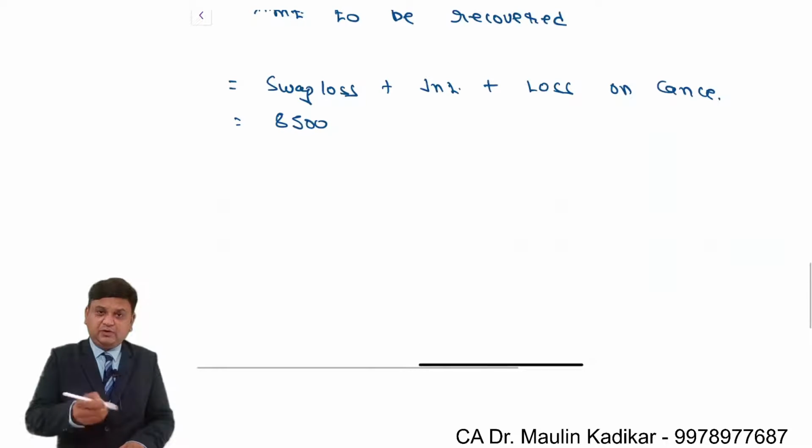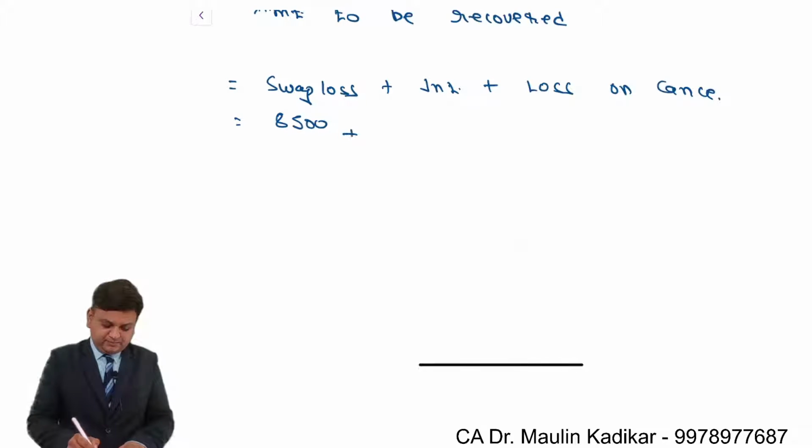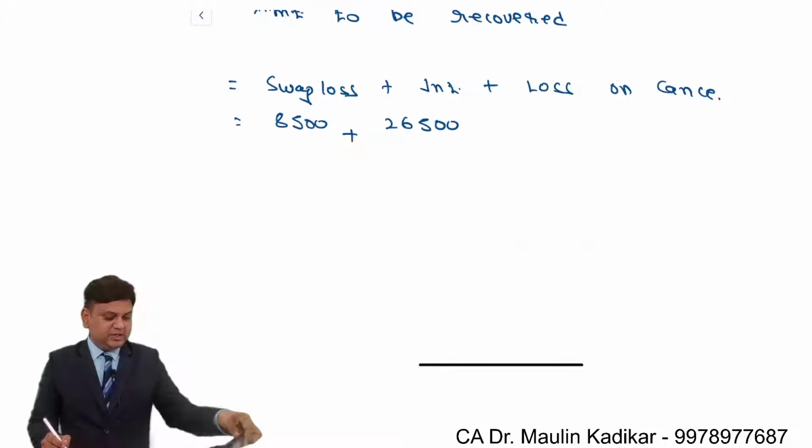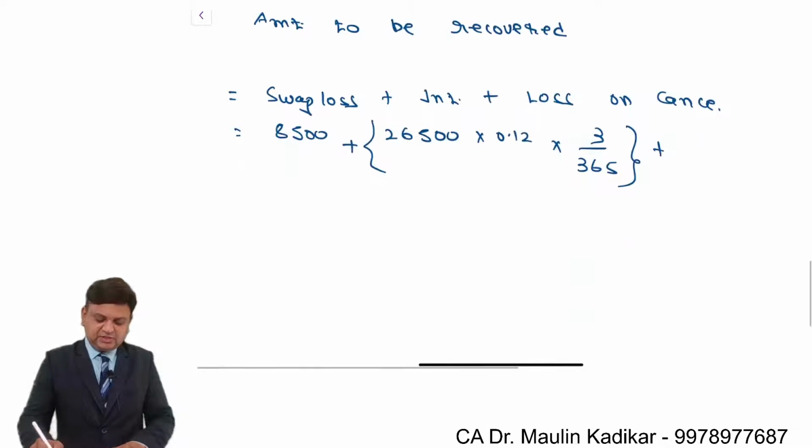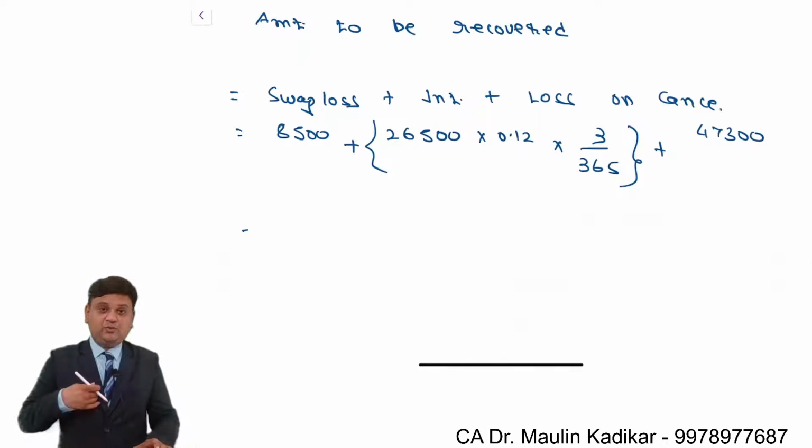So 8,500 rupees I will recover from him plus 26,500 into rate of interest is 12% into 3 divided by 365 plus loss on cancellation 47,300. This is the amount that I am going to recover.